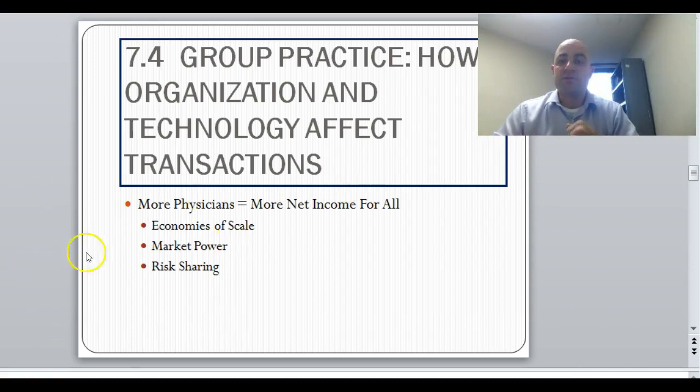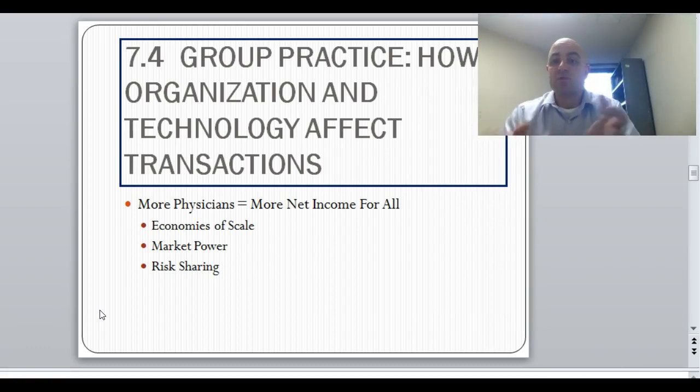The third reason why more physicians end up resulting in more money for all of them is the idea of risk sharing. So within different professions in the medical field, there are certain risks with the FDA or changing trends or different standards with medicine.